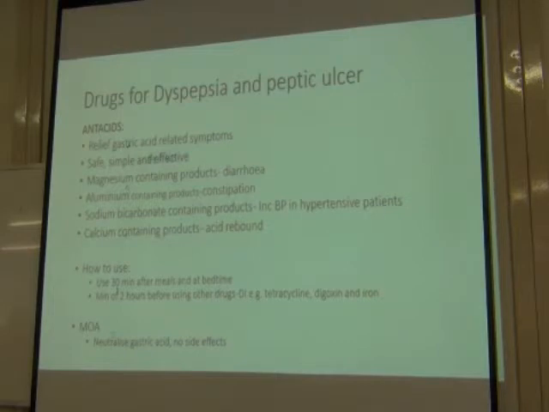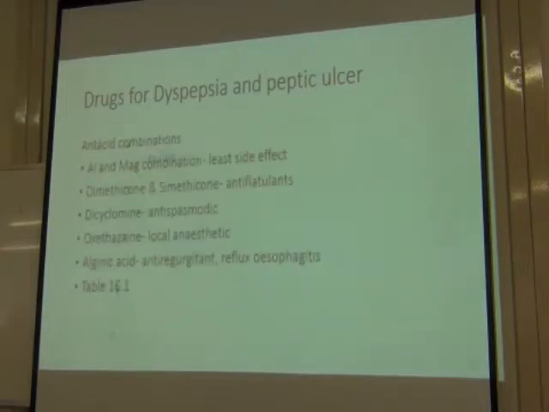Antacids interact with many other drugs. So you take it 2 hours before the consumption or administration of any other drug, especially your tetracyclines, iron, and digoxin, those particular ones. You already know the mechanism of action, right?